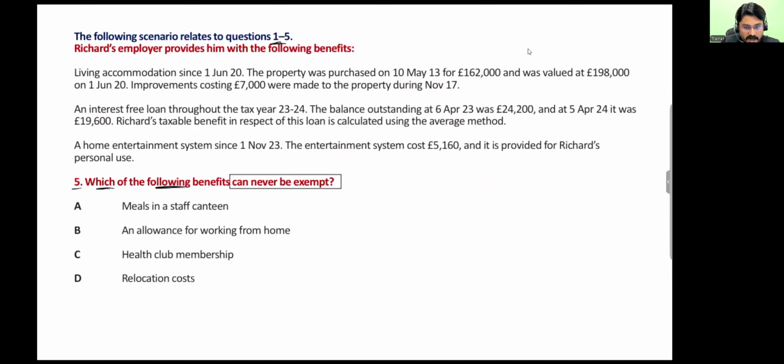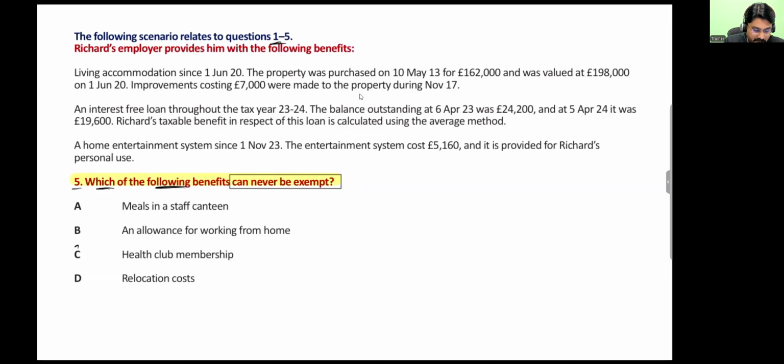The examiner is asking you to identify which of the following benefits can never be exempt.